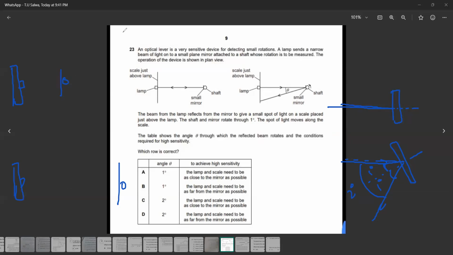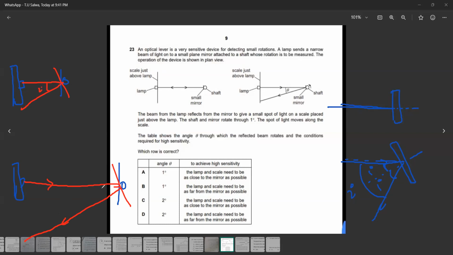When it rotates 1 degree and the lamp is closer, the reflection will happen like this. But when it rotates 1 degree and it is further, what will happen? For the 2 degree measurement, the distance between the incident and the reflected ray will increase.